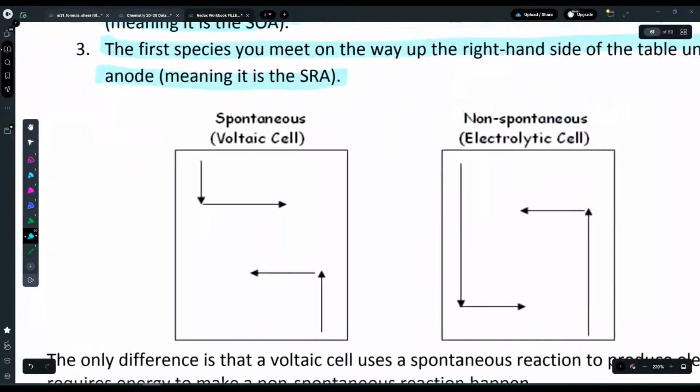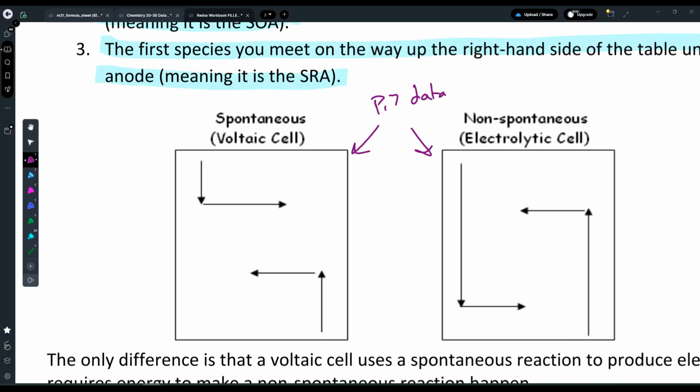The difference that you'll see between voltaic and electrolytic cells is by looking at page 7 in your data booklet. So both of these squares are trying to represent page 7 of the data booklet and that redox table there.